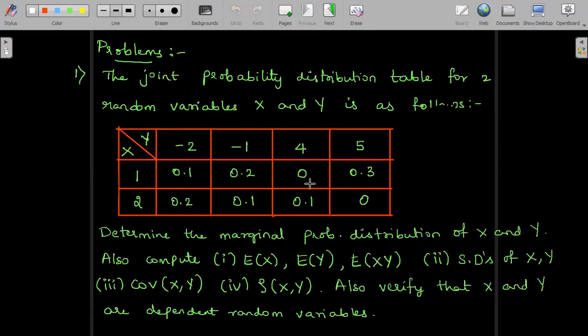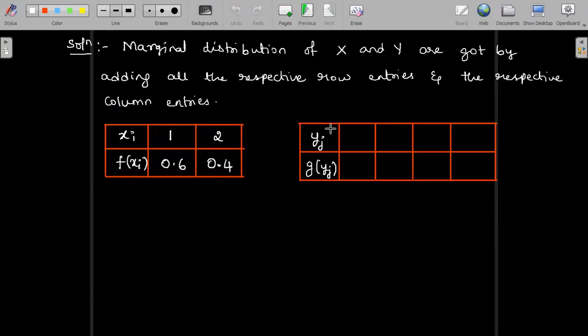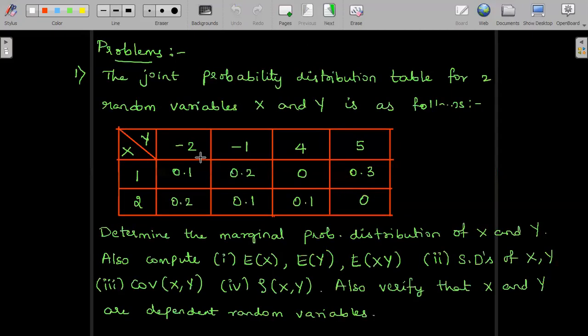Similarly, we will create the marginal distribution for y now. Y values are -2, -1, 4 and 5. So first I will write down the yj values. And how can we obtain the marginal distribution for y, that is g of yj values? We can obtain it by adding all the respective column entries. For -2, we add up 0.1 plus 0.2.